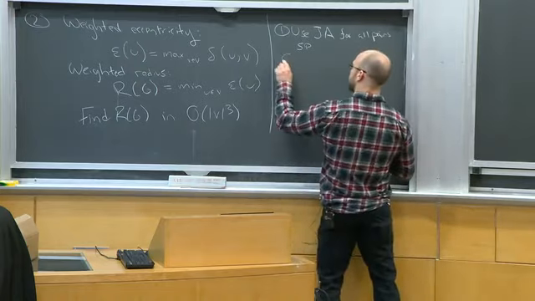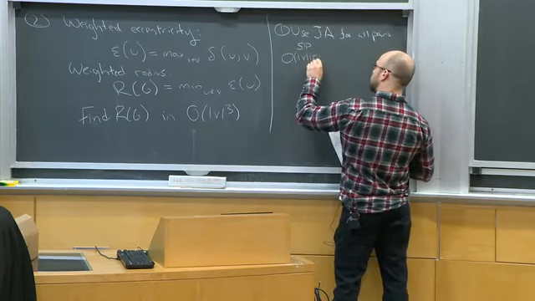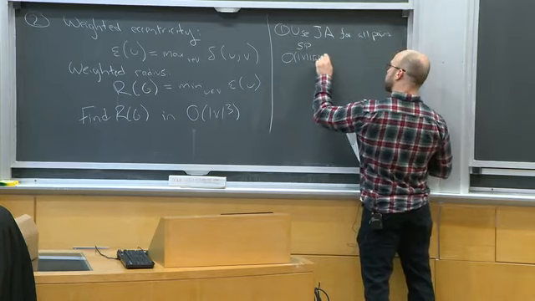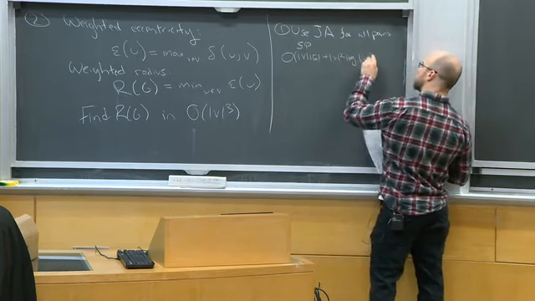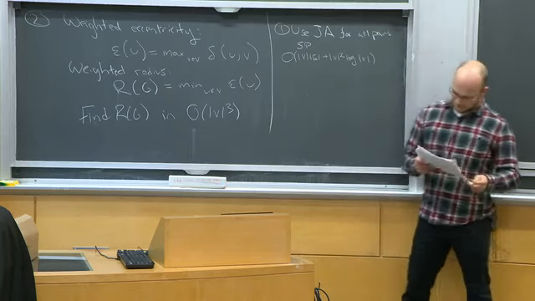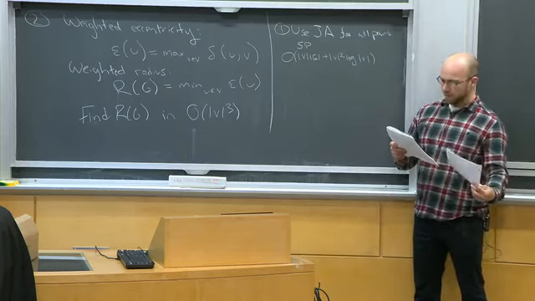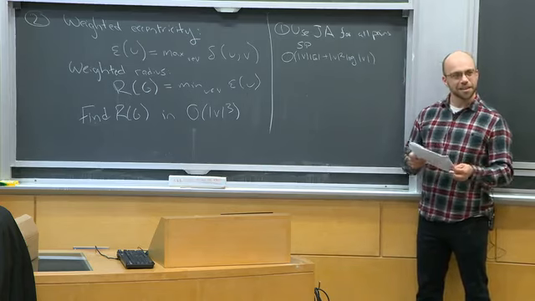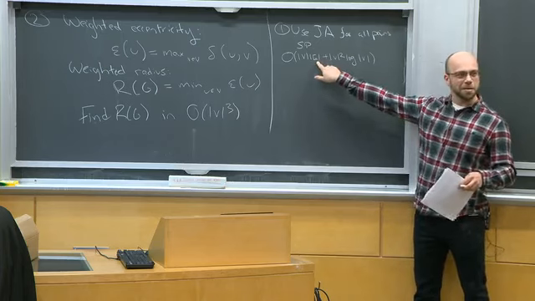So Johnson's algorithm, generically speaking, has order |V||E| plus |V| squared log |V| runtime, hopefully I got that right. And what do we know about our problem? Well, I believe we're given that the graph is connected. So one thing that we can do is notice that |E| is upper bounded by |V| squared.